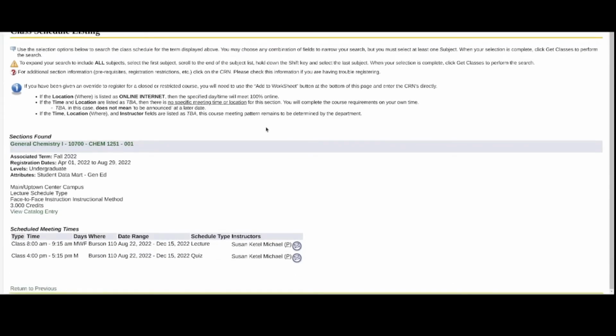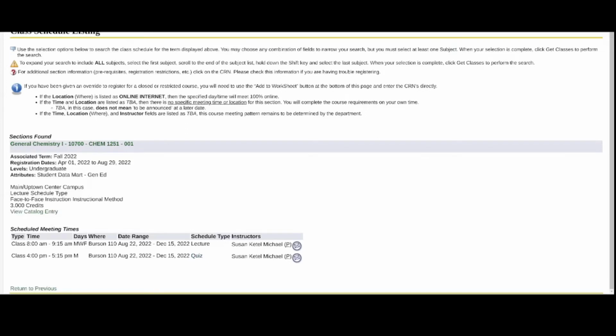This is one thing that makes some of these lab courses unique. So this section of general chemistry has 3 days a week of lecture, and it has 1 day a week of quiz. So this is like small group working on problems and practicing with the course materials.